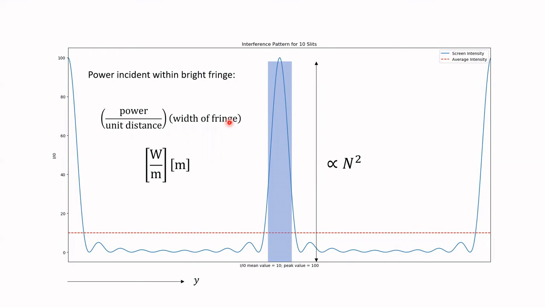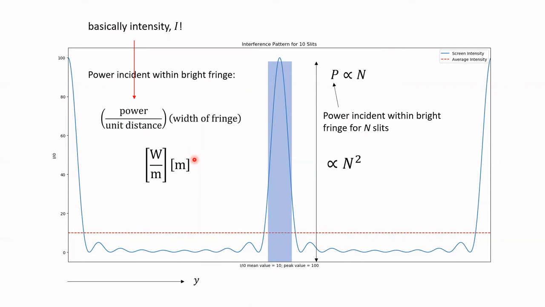Okay, so if you get that, look at the units there, watts per meter times meters, that comes out as watts. So we can really explain why the bright fringes get sharper with increasing numbers of slits just by expressing it in terms of energy conservation.